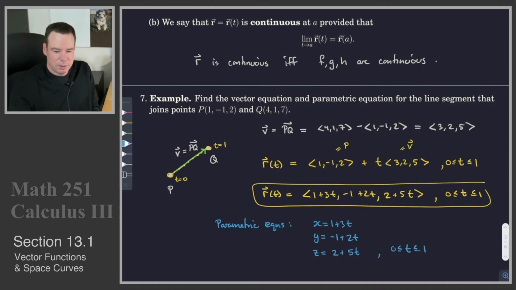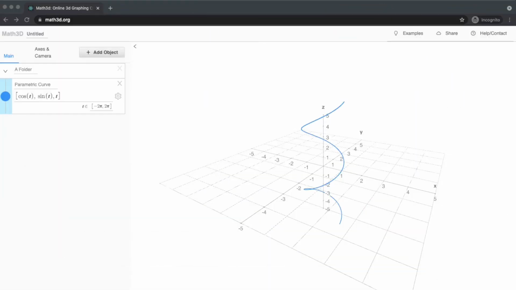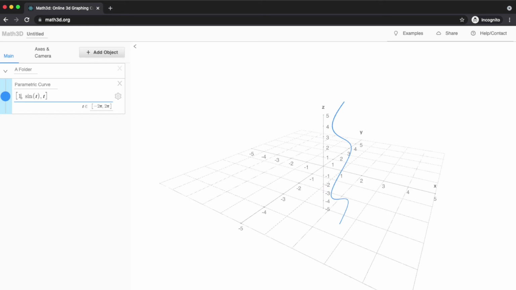So let's see how this looks in math3d.org. How can we plot this? So we'll go ahead and use the curve that we've already plotted here, and we'll just change these. So the first component is 1 plus 3t. The second component is negative 1 plus 2t.